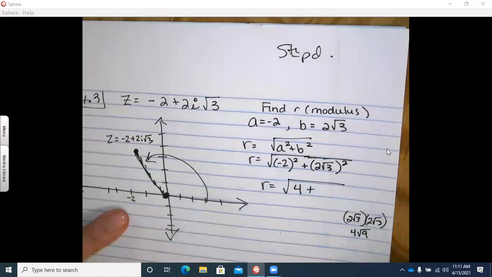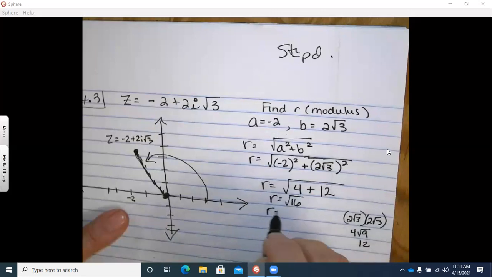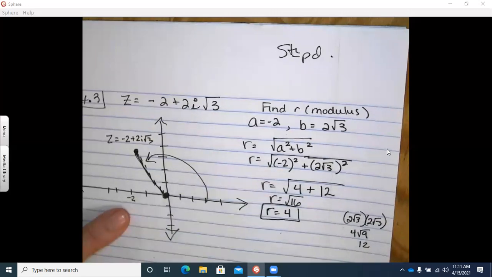Because the square root of 9 is 3 times 4 is 12. Y'all cool with that? So that is the square root of 16. Oh, 16 is a perfect square. What is the square root of 16? 4. So we know the distance that point is to 0, also known as the modulus, is 4.